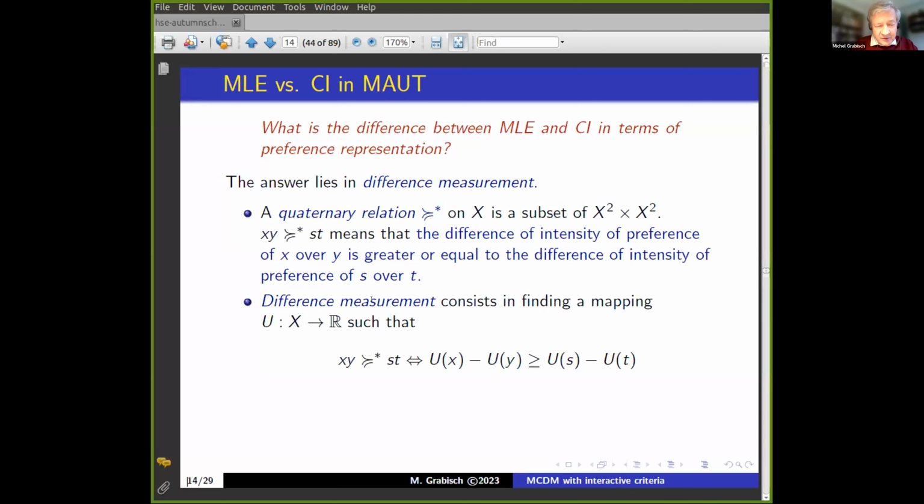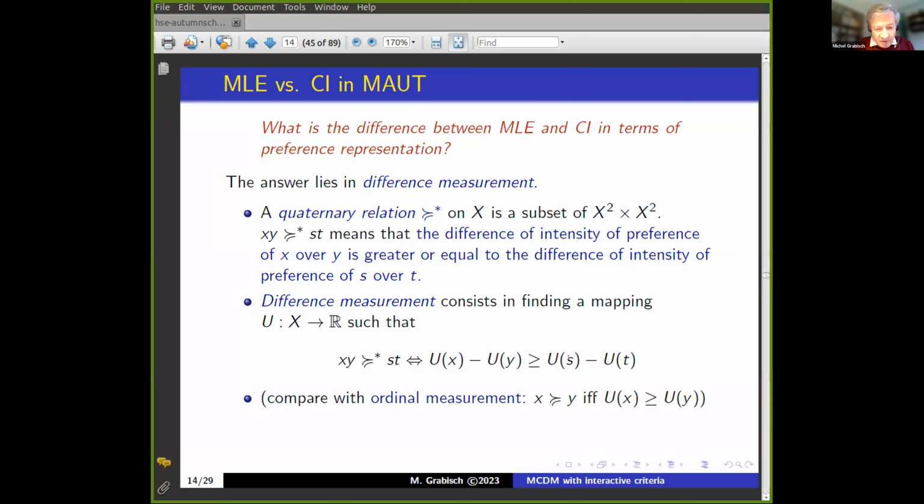Difference measurement consists in finding a numerical representation in this sense. Supposing xy is greater than st in the previous sense, then with a utility function, the difference here should be greater than the difference here, which exactly translates what we have said.